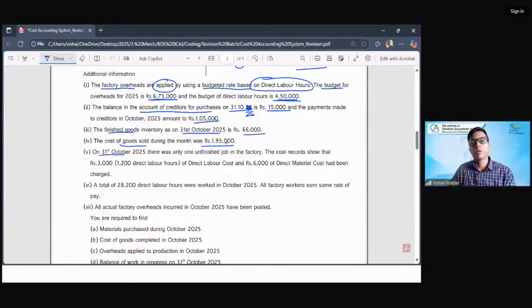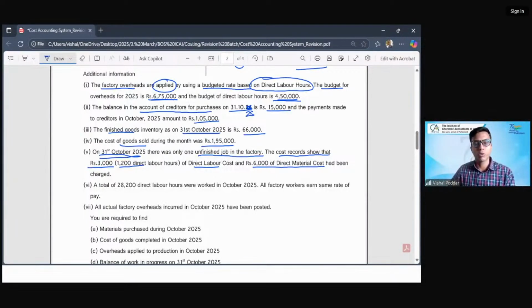On 31st of October, there was only one unfinished work in the factory. Now, what is unfinished is WIP. So this helps me find out my closing WIP balance because it is given as on 31st October. Now, the cost records show that you have charged rupees 3,000 towards your labor cost, and this is for 1,200 hours which are worked. Material cost which is charged is 6,000.